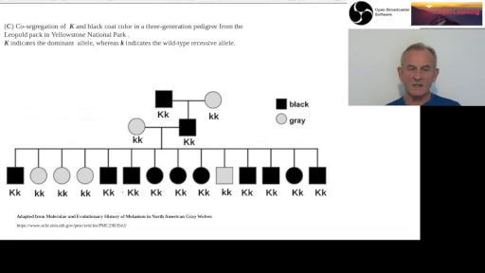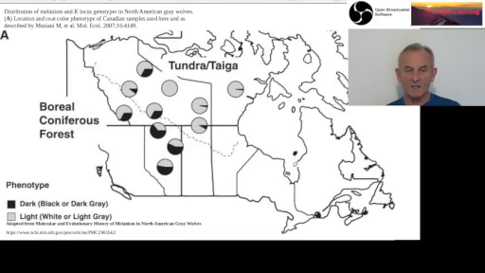This is the results of studies with DNA analysis in different parts of Canada, and the pie charts clearly show the dark wolves and their proportion out of the population, and the light or the wild type normal grey wolf.